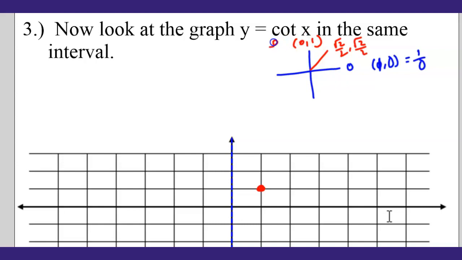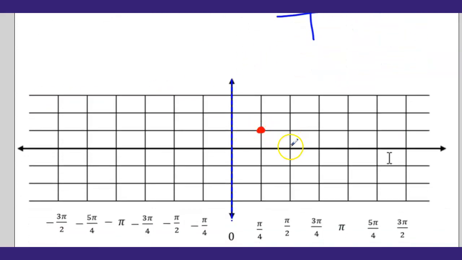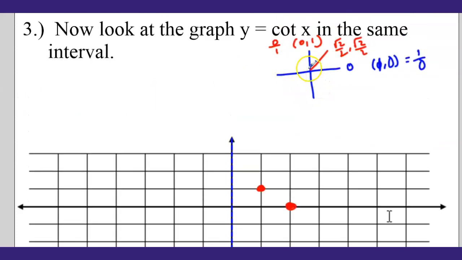Cotangent would be 0 over 1, which is 0. So pi over 2 is 0. And then 3 pi over 4, which is right here, would be negative radical 2 over 2, comma radical 2 over 2. And cosine over sine would be negative 1.